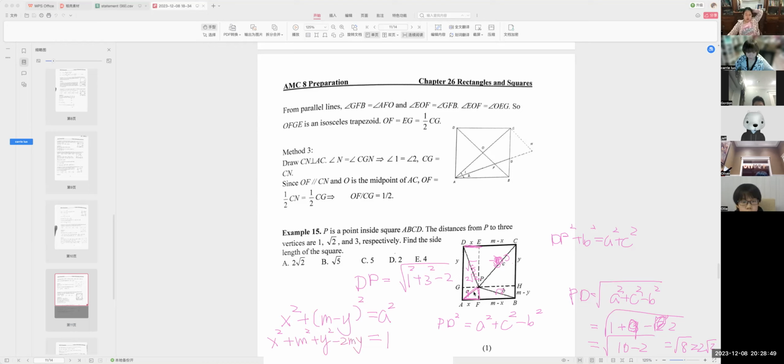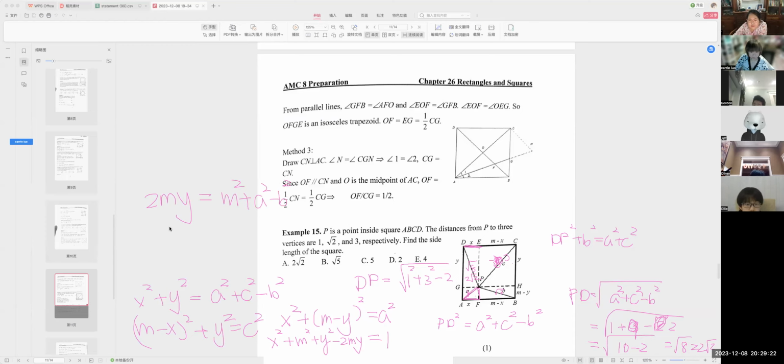But for this question, we can also rewrite it as x squared plus y squared equals a squared plus c squared minus b squared. So that's why we have (m minus x) squared plus y squared equals c squared. So that's why we have the two conditions: 2my equals m squared plus a squared minus b squared.